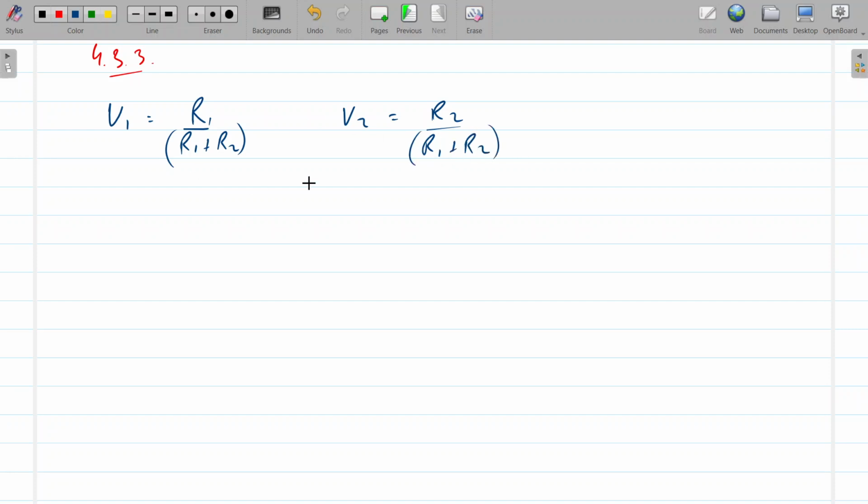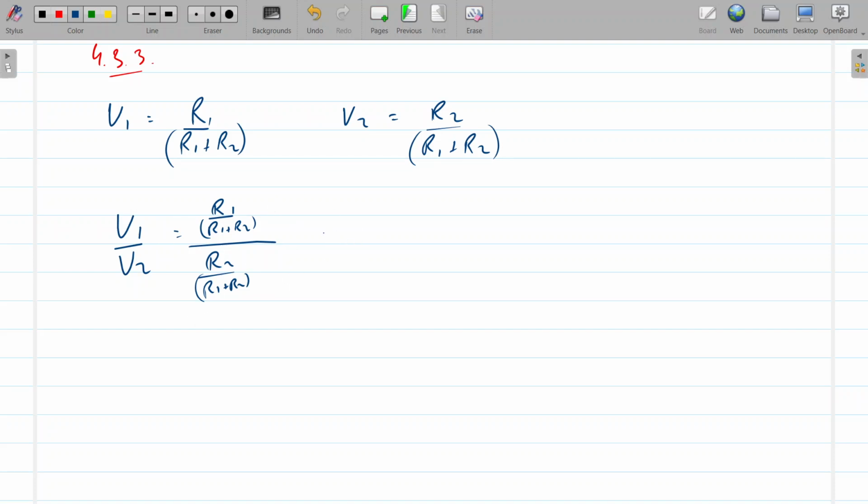I hope you followed how we got to this stage. So if you take a ratio of these, V1 over V2 equals R1 over R1 plus R2 divided by R2 over R1 plus R2.